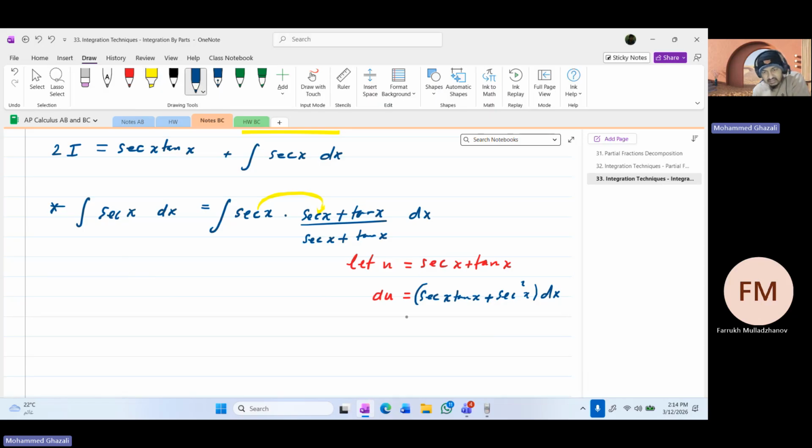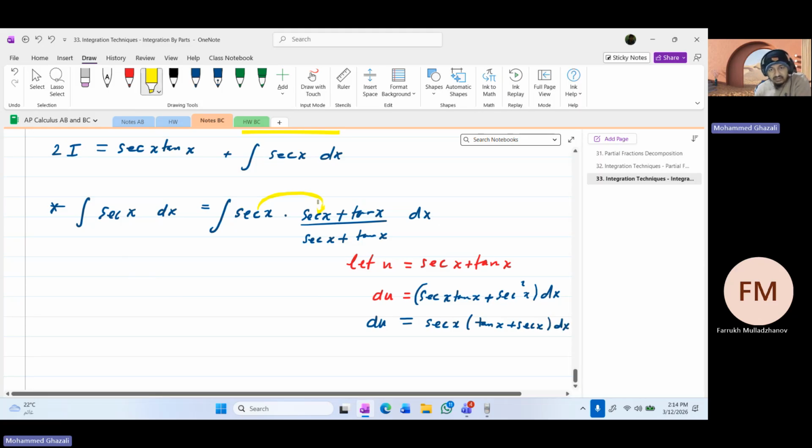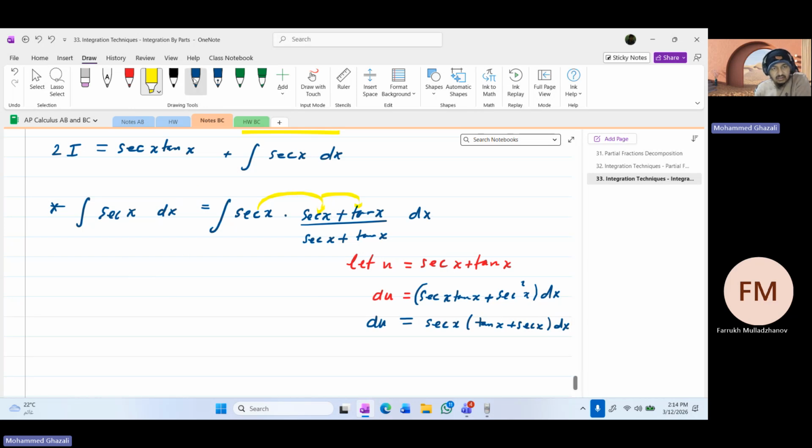The derivative appears in the integral. So you can take out sec x as a common factor, and you're left with sec x plus tan x. So you're getting the same thing as the numerator, okay? If you multiply those two out, you get sec tan plus sec squared. So this is just basically the integral of 1 over u du.